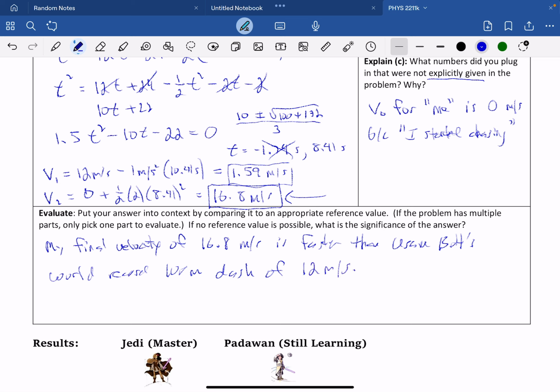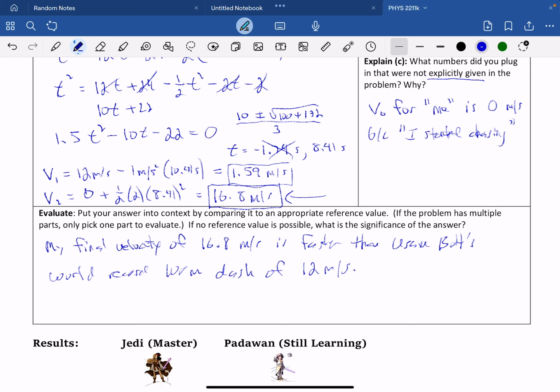Now, why is that useful? It's useful because we want to be able to compare our answers to something we can visualize, to something that we understand, and this is a great comparison because Usain Bolt is the fastest man alive, and he ran at 12 meters per second.